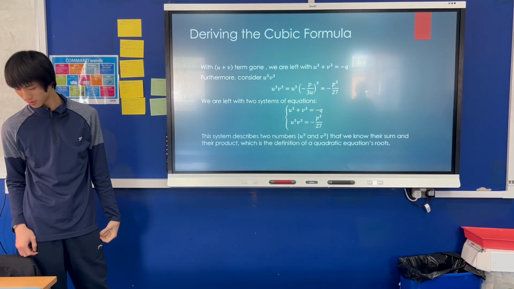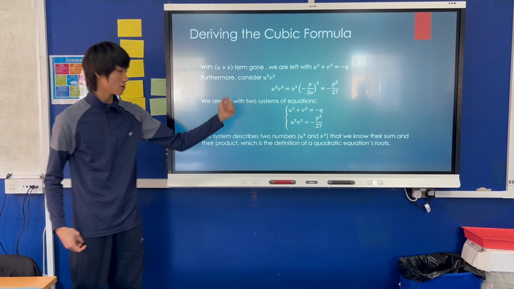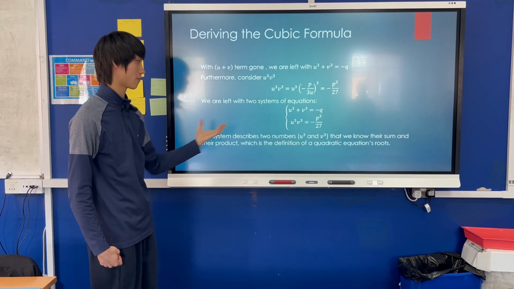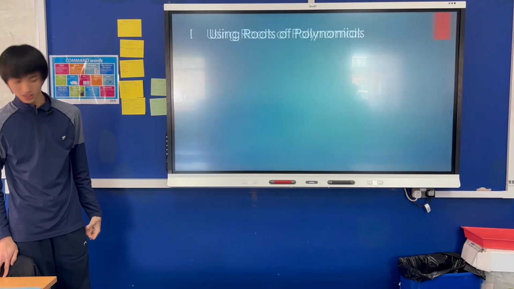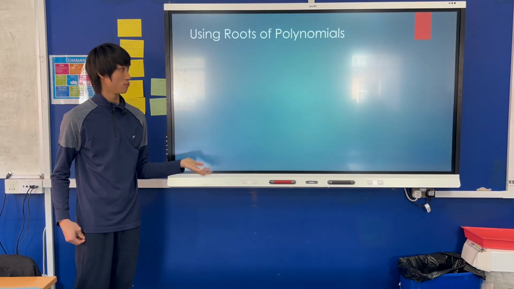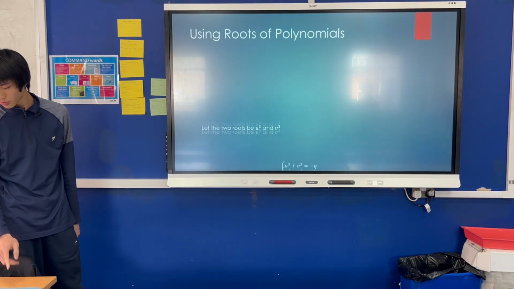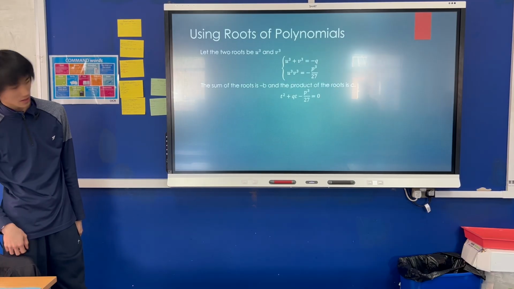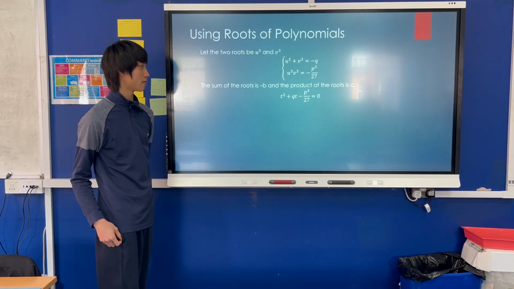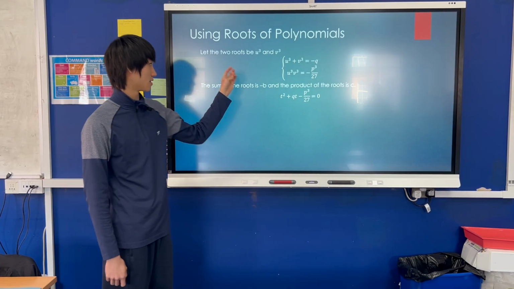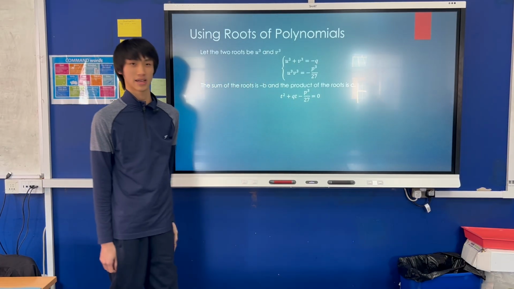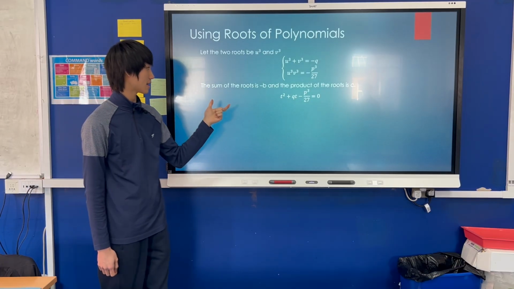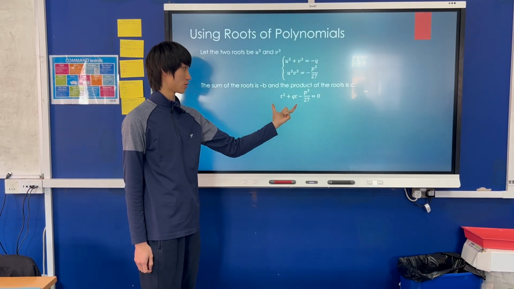And now we can see that those two equations are just the sum and the product of u cubed and v cubed, and this is the definition of the quadratic roots. So we're going to use roots of polynomials here. If we let the two roots be u cubed and v cubed, we know that the product is the c term and the sum is the negative b term. So we can rewrite this as this quadratic equation.